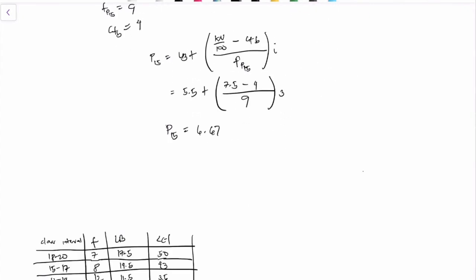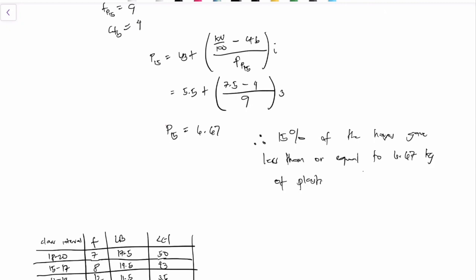Now let us interpret our answer. How do we interpret this? We have P15 equals 6.67. This answer means that 15% of the houses gave less than or equal to 6.67 kilograms of plastic bottles.